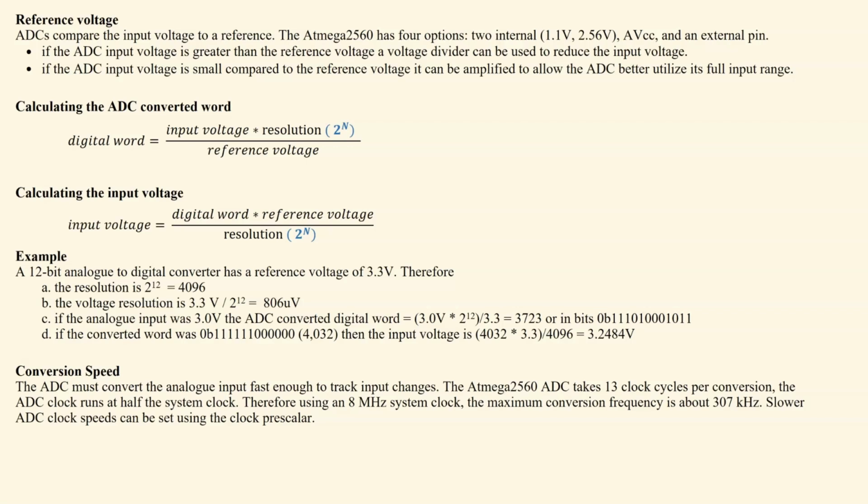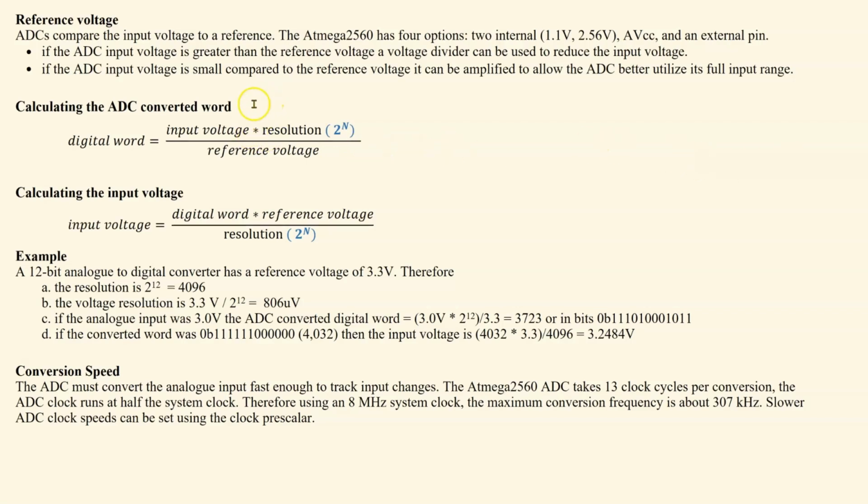Now, if the ADC input voltage is greater than the reference voltage, you can use a voltage divider to reduce it. If the ADC input voltage is small compared to the reference voltage, then you can amplify it to allow the ADC to use its full input range.